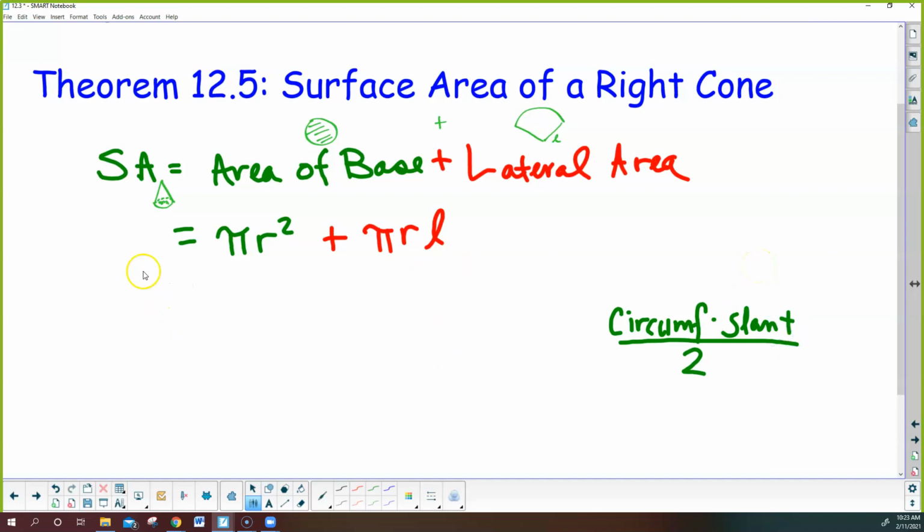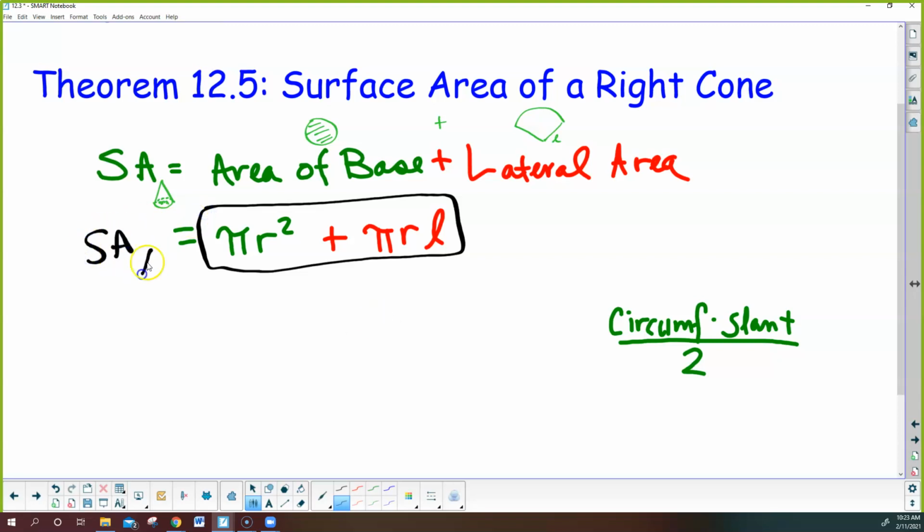So the very fast way to find the surface area of a cone, all you need is the radius, so pi r squared, that's the area of the base, plus pi r L. Well, r is the radius and L is the slant height, right? So if it's the same radius as you're given here in the base.